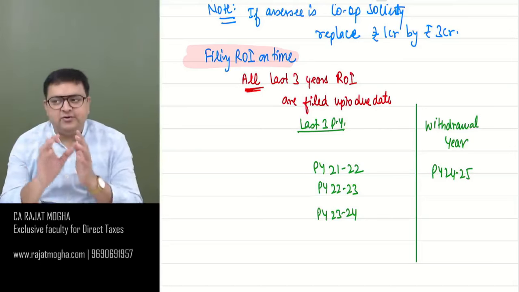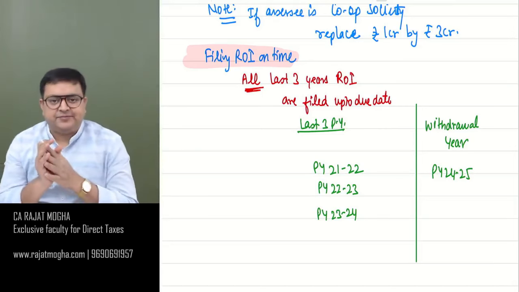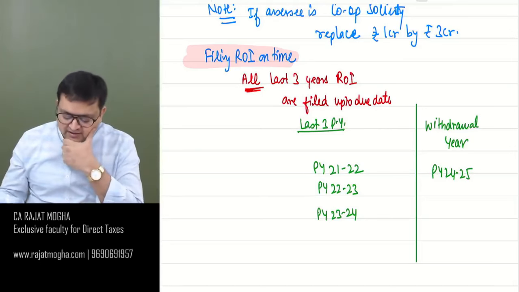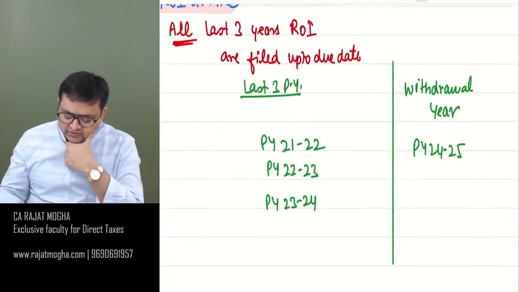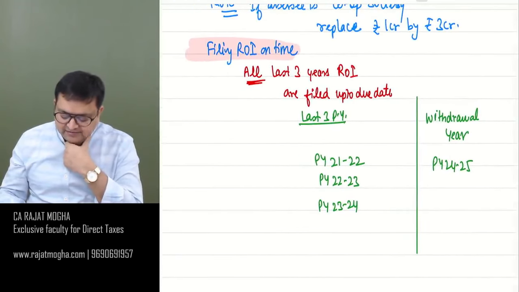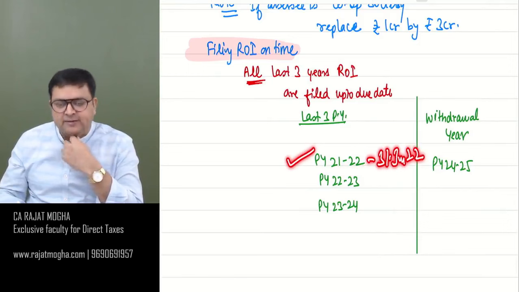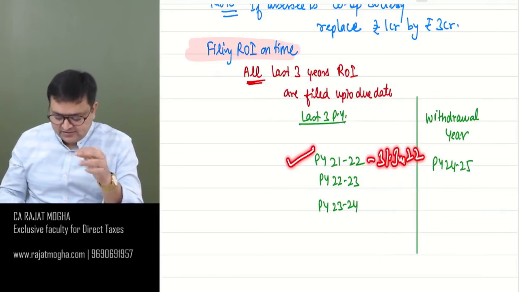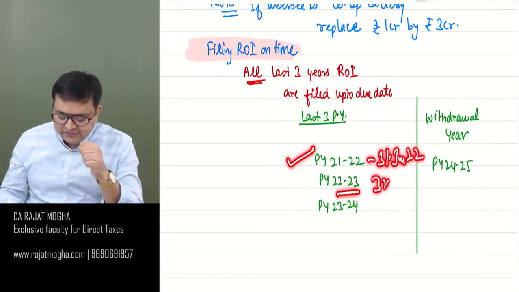So let's say the due date of this ROI is 31st July. We will see whether you have filed. For previous year 21-22, the due date is 31st July 22. Whether the ROI is filed up till 31st July 22, yes. The due date 31st July 23, whether it is filed, yes.